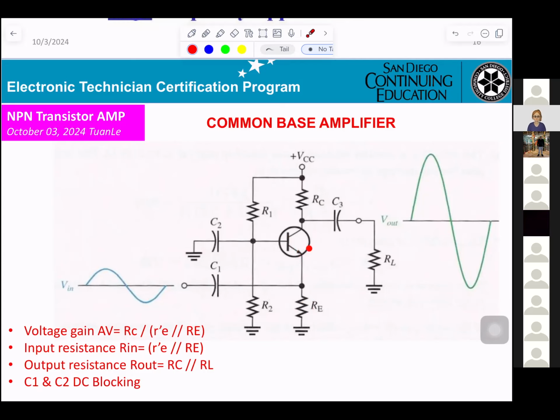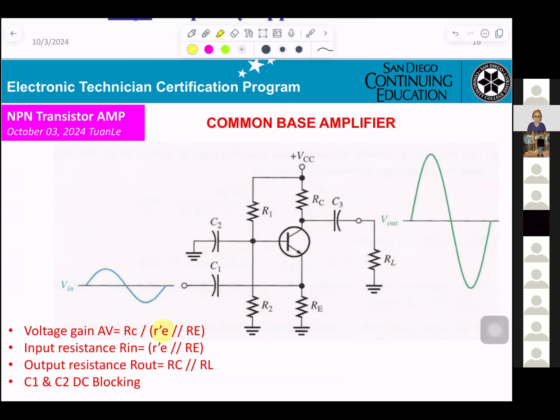For the DC, from the base to the emitter is just a diode. However, for the amplifier, it is no longer a diode, it will be a resistor. And that resistor we call R prime E.